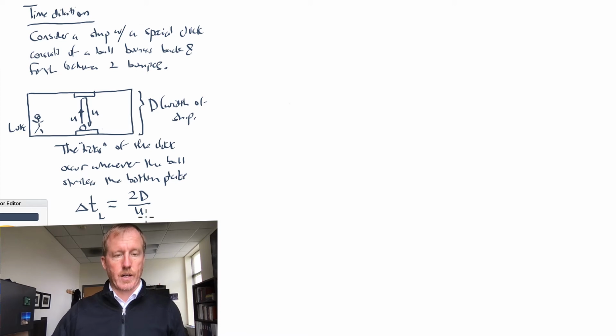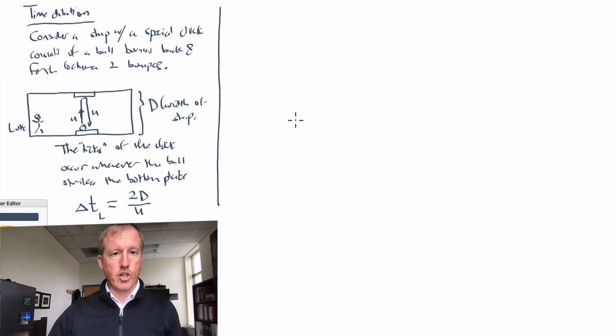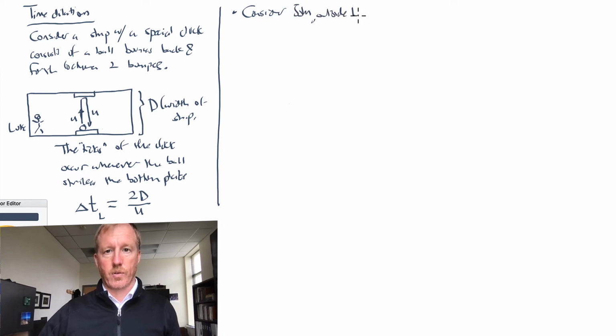Okay, now here's where I want to go with this. Let's consider another person who is outside the ship watching the ship rush by at some high speed. So now I want you to consider John, an astronaut outside the ship. So outside Luke's ship.